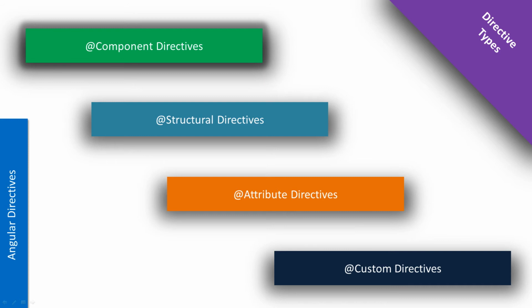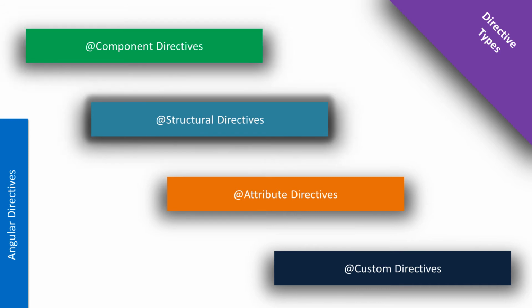Next we will see about structural directives. Structural directives are used to add, remove, and manipulate the DOM elements. They are very much useful in structuring the DOM. In Angular, an element can have only one structural directive. We always use an asterisk with the structural directives.